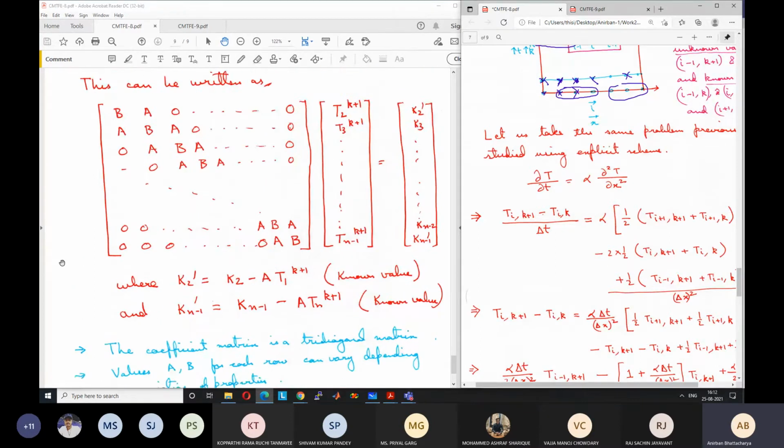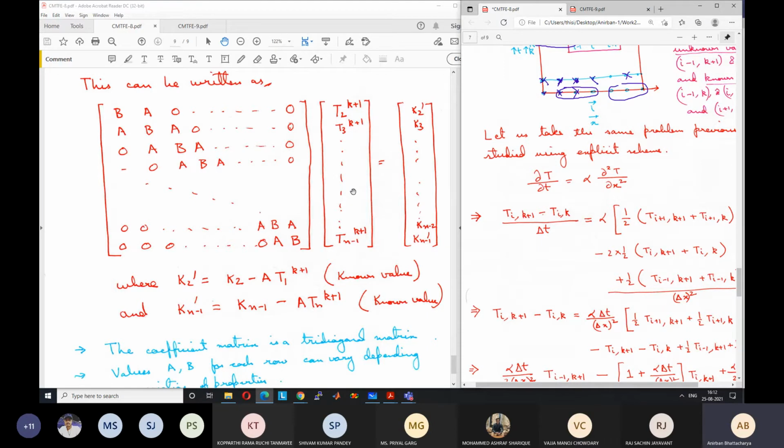So at this point, if you are new to CFD, the point to take from this discussion is that we have reduced our physical problem, like unsteady heat conduction, first into a discretized equation for each grid point.